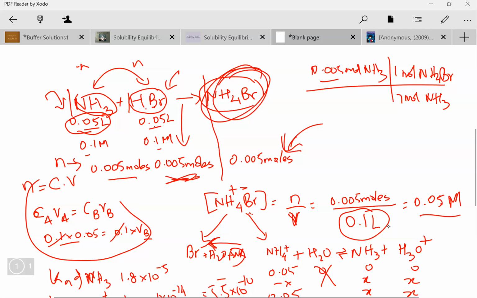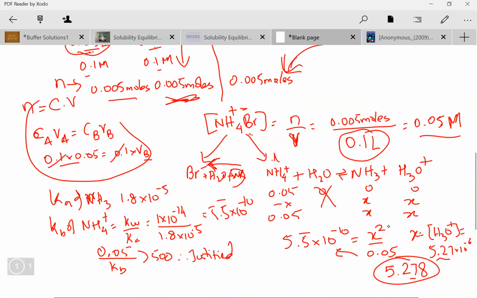So we needed the total volume, and so we needed to find the volume of this added. We calculated our concentration. Then you set up an ICE table for a salt. And the only difference between an ICE table for a salt and an ICE table for an acid is that for a salt you have to do this extra Kb calculation to obtain the K value that you use in your ICE table, and that's it.